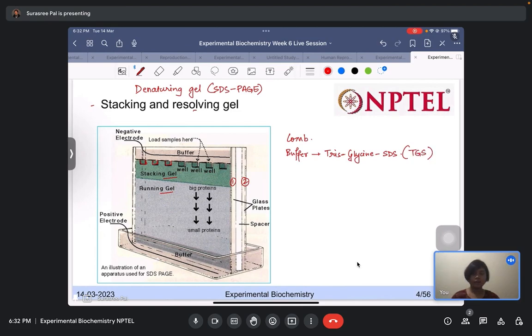If we are talking about an SDS-PAGE or denaturing gel, this is the running buffer. If it is a native PAGE, then we often use Tris-boric acid-EDTA, which is a TBE buffer.